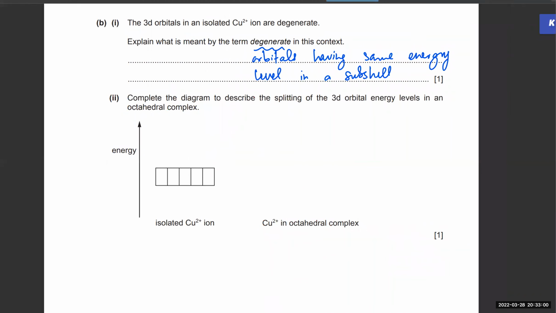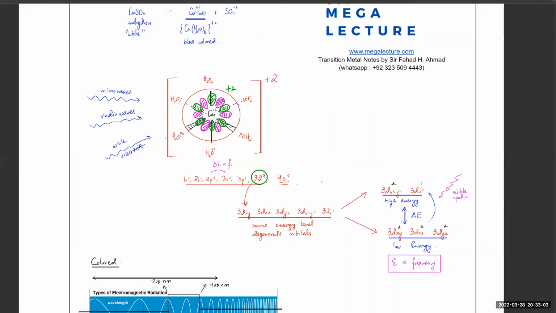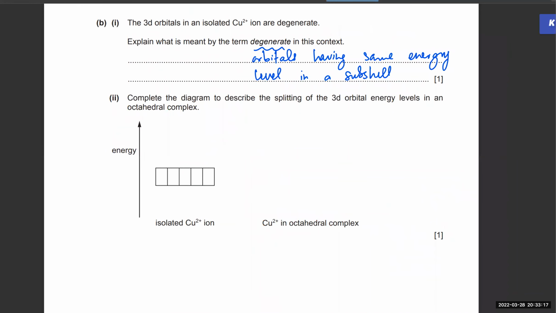So he's talking about the octahedral complex. The octahedral complex is specifically this one, where all the water molecules are approaching on the axes. So it becomes harder to keep electrons in those orbitals that lie on the axes, the 3dx²-y² and the 3dz². So this is exactly what he's asking for. How is it splitting?